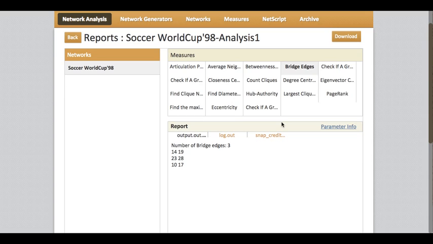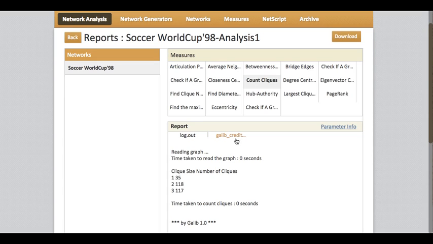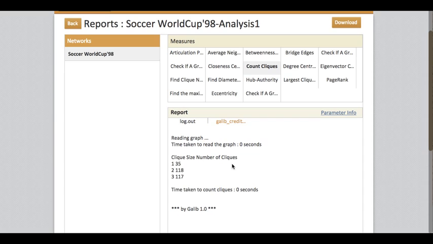Determine the number of cliques of size 3 and larger. Count cliques.